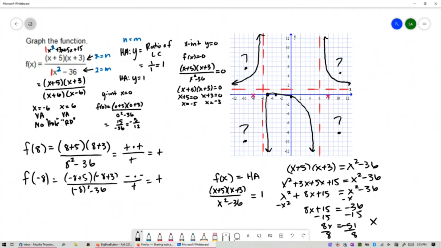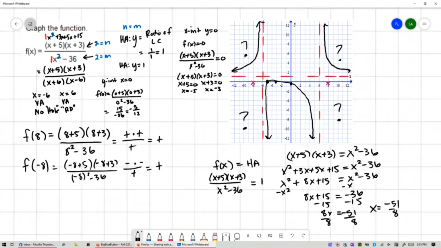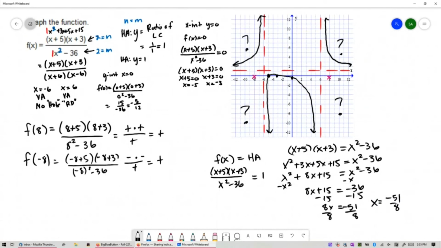And x equals negative 51 over 8. Let's see what that is approximately. So 6 and 3/8, 6.375. Negative 6.375.